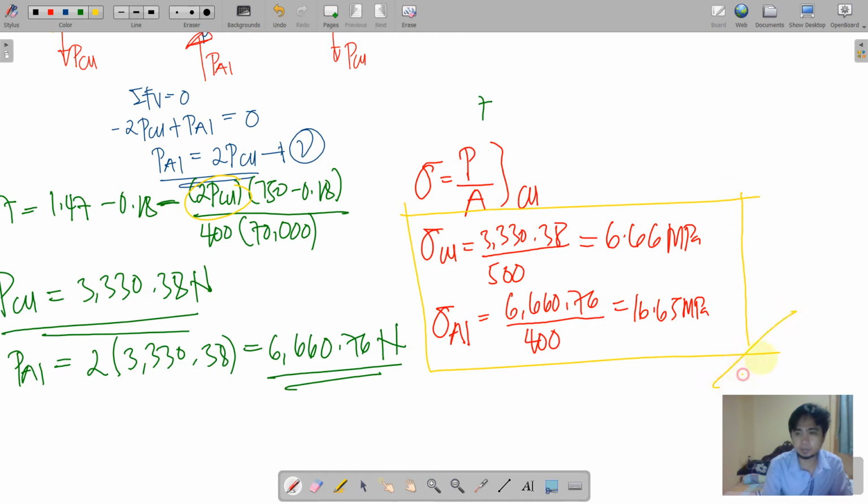Okay, so again, I would like to reiterate that the most important in any problem on thermal stress is to establish first the final position, because from the final position we can derive a geometric relationship between the deformation, and that will be supplemented by the external forces by using the equilibrium equation, summation of forces vertical, horizontal, or summation of moments, equating it to 0.